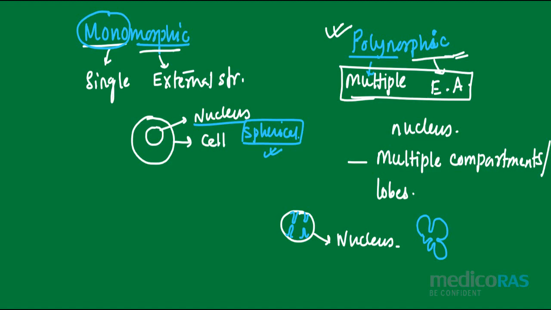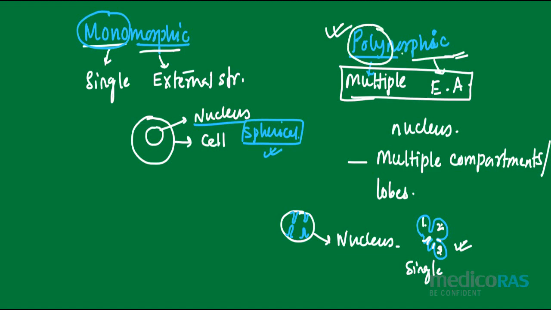I can see here 1, 2 and 3 lobes are present, but this nucleus is single only. Its lobes are multiple because we have given some depression in between these areas. So in this structure, I can see multiple lobes or multiple constrictions. Therefore, it is known as polymorphic.